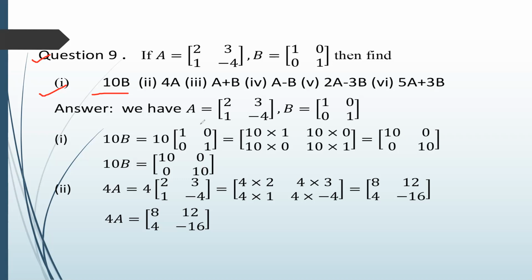So here we have A equal to 2, 1, 3, minus 4 and B equal to 1, 0, 0, 1. And 10B equal to 10 multiplied by 1, 0, 0, 1.